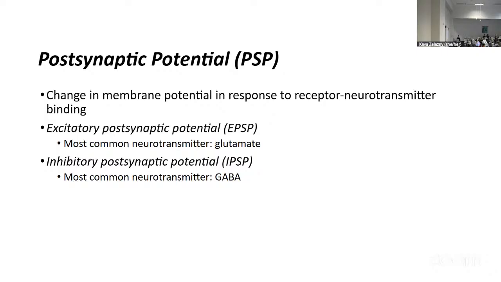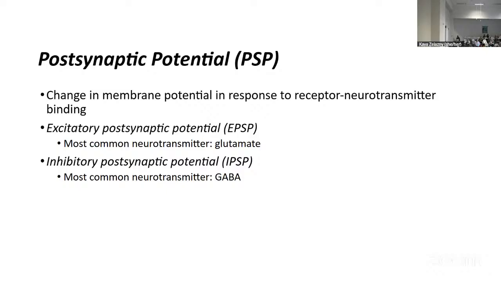Specific neurotransmitters tend to have one or the other of these reactions. Anytime you have a receptor, it responds to a specific thing, so receptors can be designed to bind specific neurotransmitters. So we'll have dopamine receptors. Dopamine is a neurotransmitter. Serotonin receptors. Serotonin is a neurotransmitter. But actually our most common neurotransmitters that we're going to see that are clearly linked up to one or the other of these types of postsynaptic potentials are glutamate and GABA.